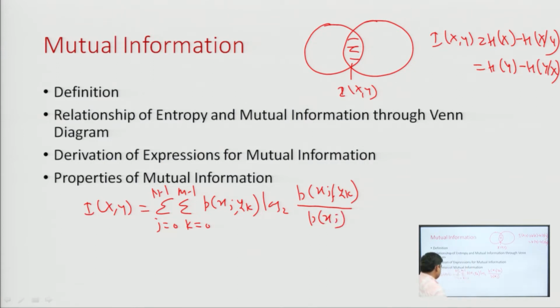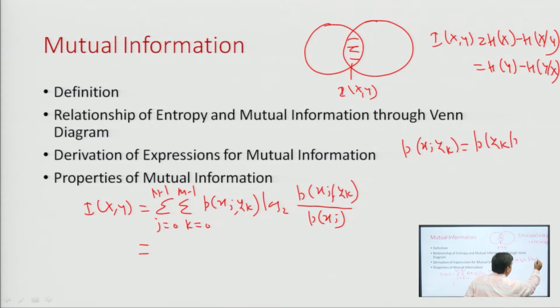We have also derived another expression using the formula of joint entropy, that is, p(xj, yk) is equivalent to p(yk given xj) into p(xj), which is equivalent to p(xj given yk) into p(yk).